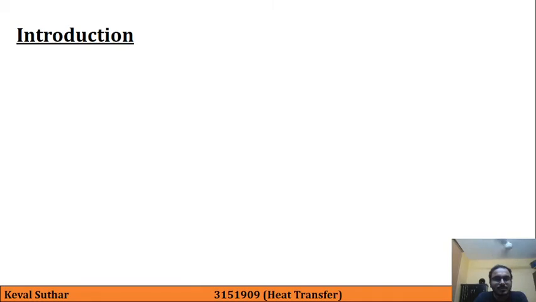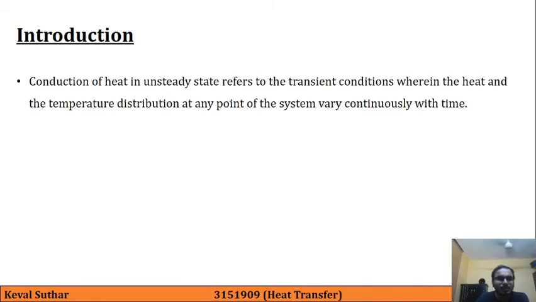First we will see the introduction part. The conduction of heat in unsteady state refers to the transient conditions, wherein the value of heat and temperature distribution vary continuously with time.